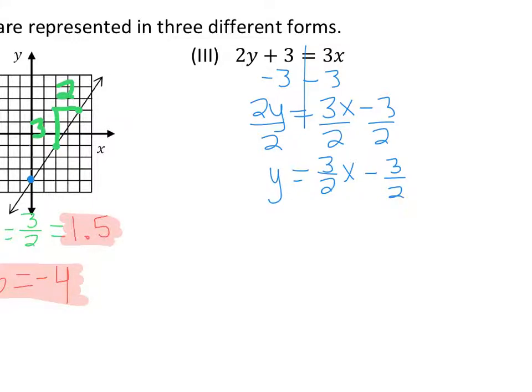Now again, I could normally leave it like this, but for comparison reasons, I want them as decimals. y equals 1.5x minus 1.5. So the slope is 1.5, and the y-intercept is also negative 1.5.